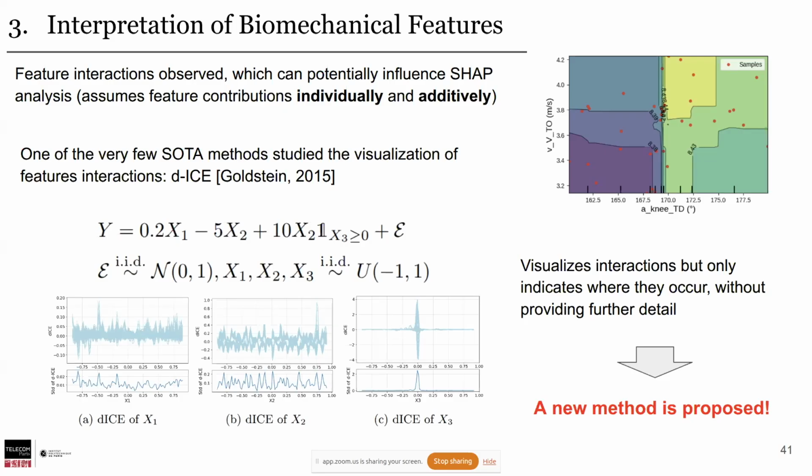For the third one, we see that at the value of 0 for x3, which corresponds to the step function of x3, there is huge interaction, which is quite different from the others, but we cannot get further information like how this interaction is and with which features the interaction is. So we further propose a visualization method to analyze this interaction.